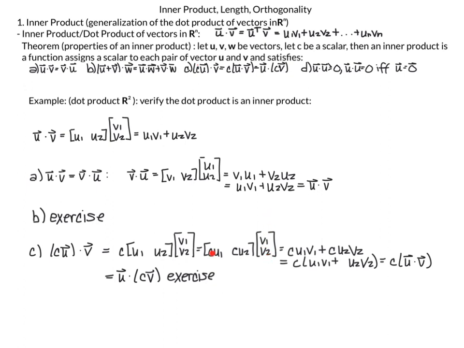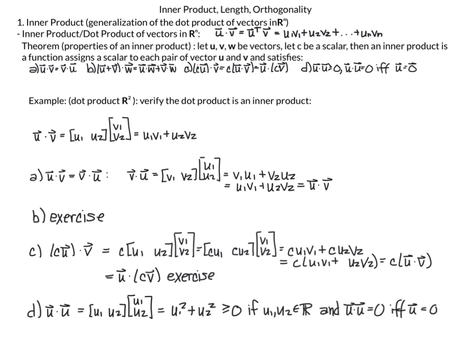So what this gives me is CU1 V1 plus CU2 V2, and because these are now real numbers, I can factor out my C, and I get C times U1 V1 plus U2 V2, which is simply C times U dot V.